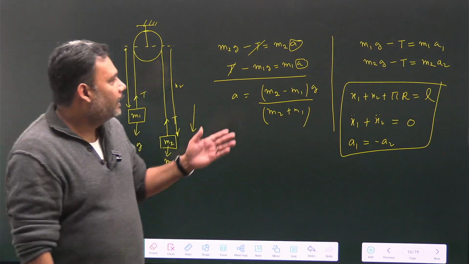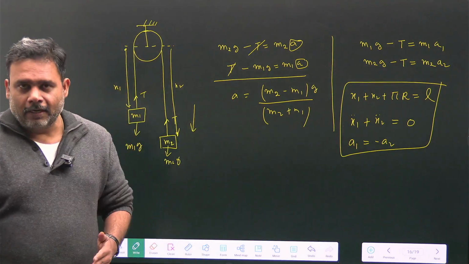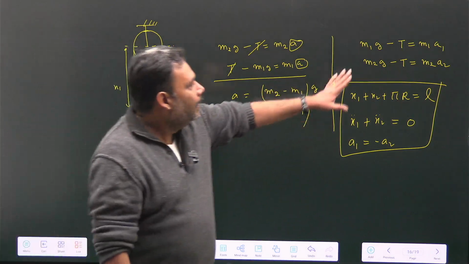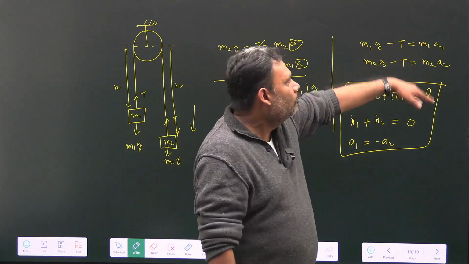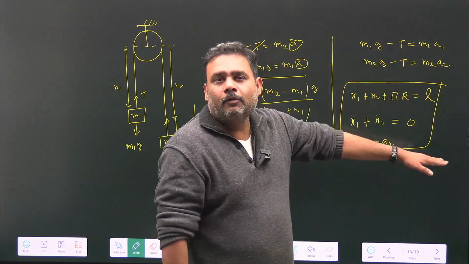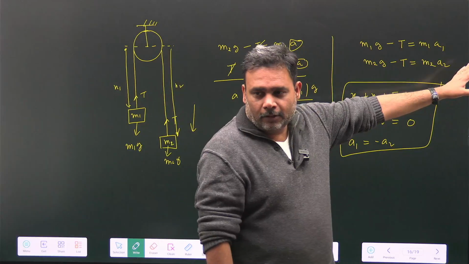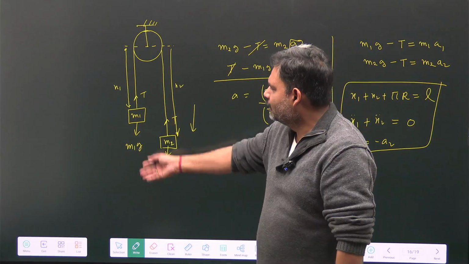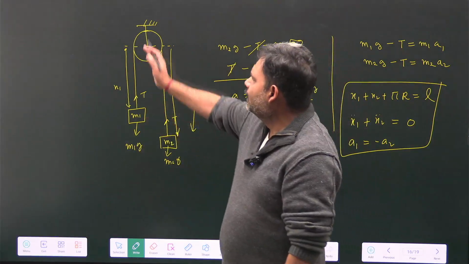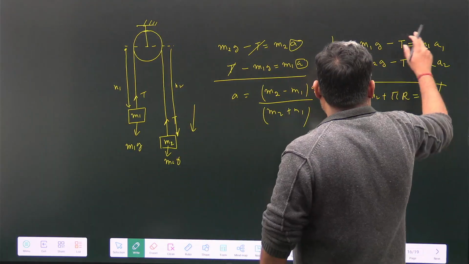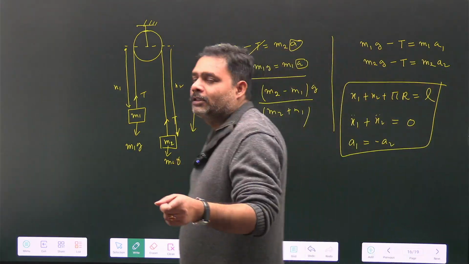So whatever the direction of m1, m2 will go in the opposite direction. I haven't assumed anything about which particle is going downward and which is going upward. I have just written the equation of motion, taking this one as positive and this one as negative, and I have used the equation of constraint.